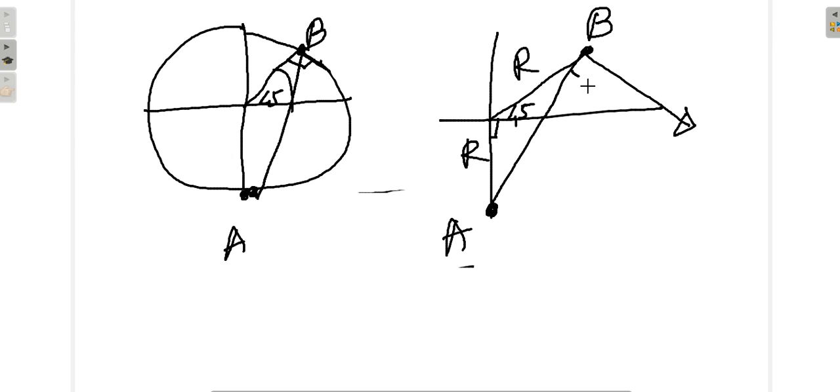This angle is 90. So this angle is 45. This angle will be 90 plus 45, so this angle will be 135.